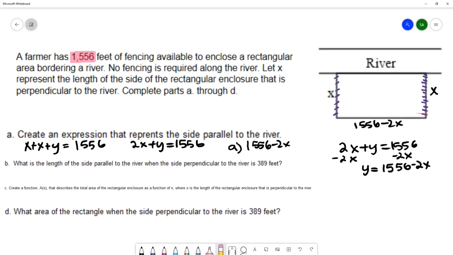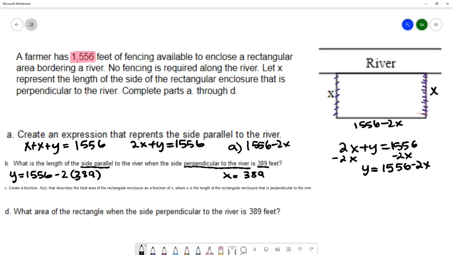So then we want to know, what is the length of the side parallel to the river when the side perpendicular to the river is 389 feet. So remember, the side perpendicular to the river is labeled as X, so we're saying that X is 389, and we want to know the length of the side parallel to the river. That's what we labeled as Y. So 1,556 minus 2 times 389.